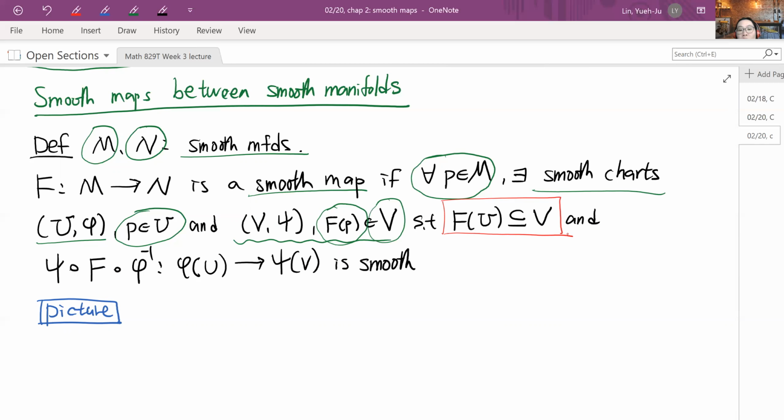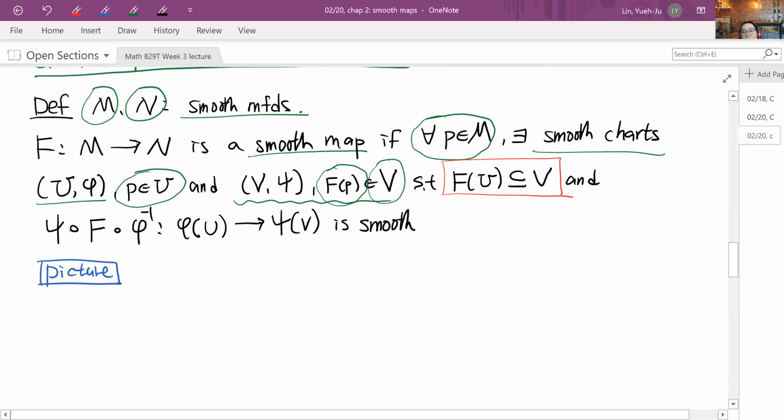This is in one of the homework problems that I want to assign, where there's a weird example: if you take out this condition I circled here, there may be a problematic map. There will be a problem with this definition. So once you have F of U lies in V, then we say capital F is smooth if and only if this map is smooth, right?